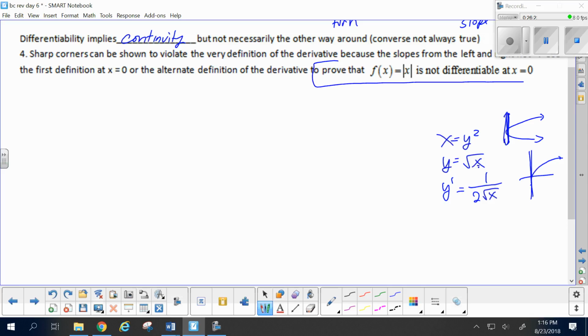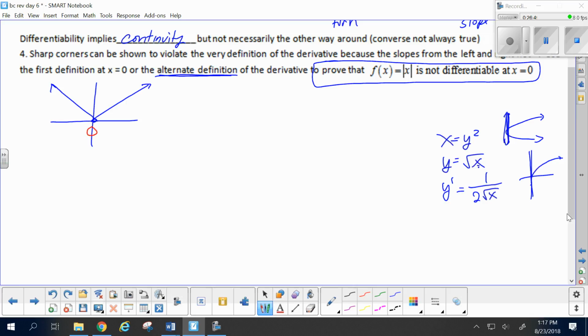Prove that the absolute value function, the v function, is not differentiable at 0. I know there's a sharp turn there. Prove why that doesn't work. I suggest you start with the alternate definition. You want to do this one together? All right, great. Let's just have a doodle here. 0 is definitely going to be one of my points of interest.